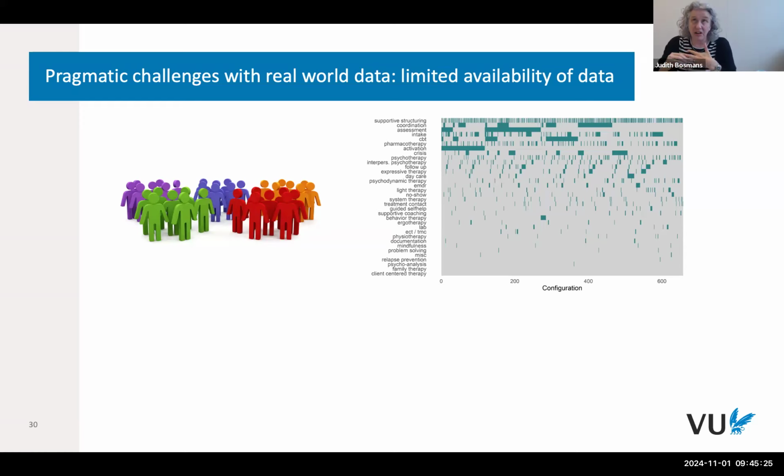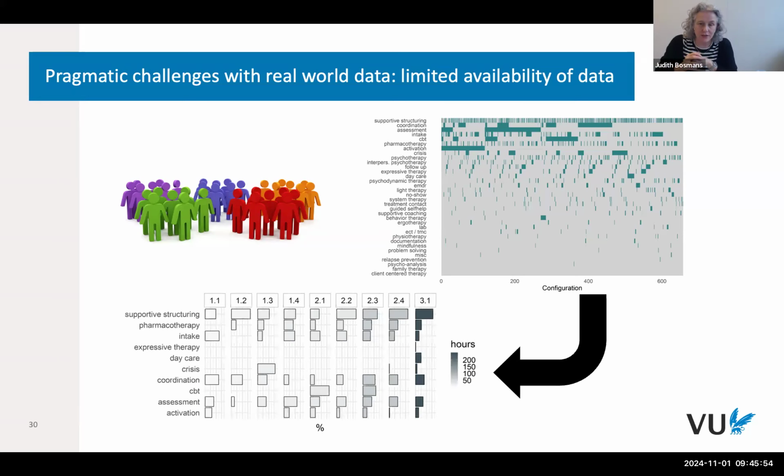It were, I think, 90,000, 95,000 patients with depression, and each bar is a patient. You can see that lots of patients, for example, used supportive structuring therapy, and lots of patients used activation therapy. But it's very difficult to classify different treatments based on these kinds of data.